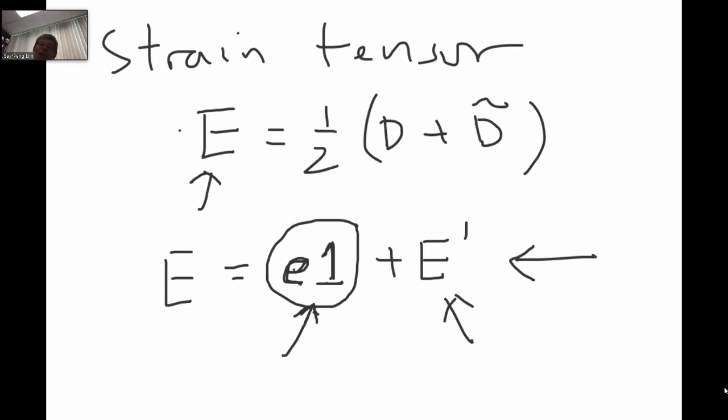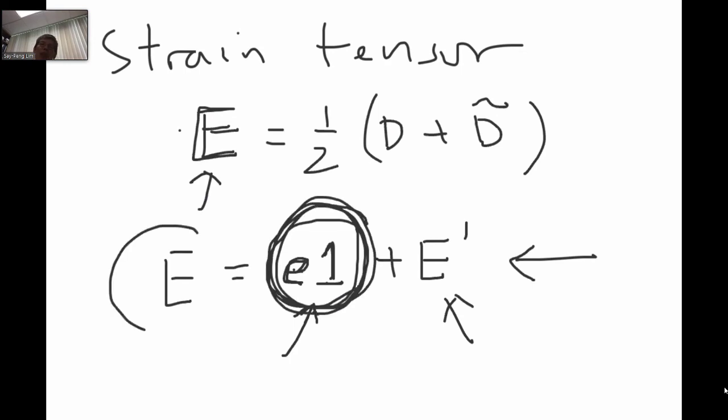And the way that they define E as 1/3 the trace of the strain tensor means that the change in volume due to this part is equal to the change in volume of the original strain. So this is pure shear, got nothing to do with the part that changes the volume anymore.